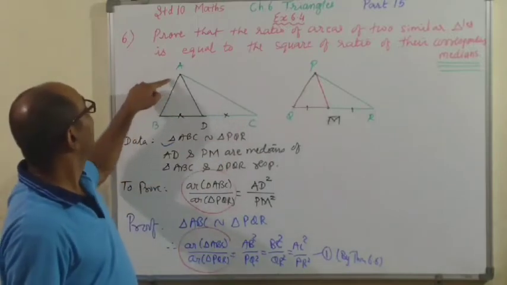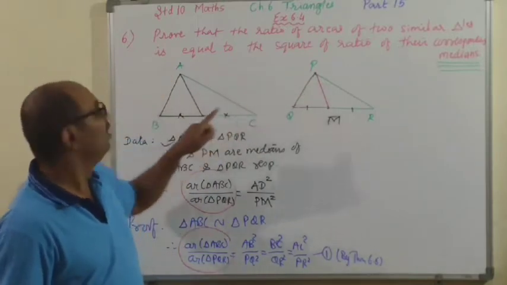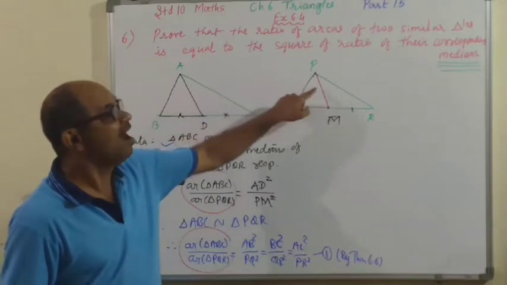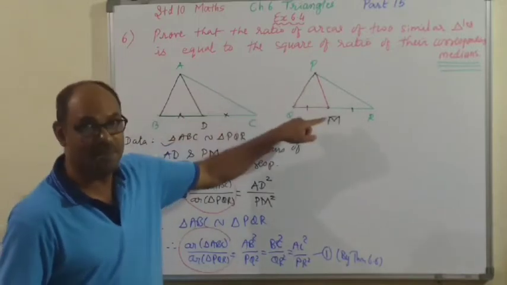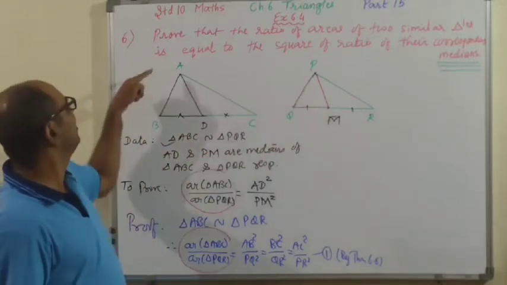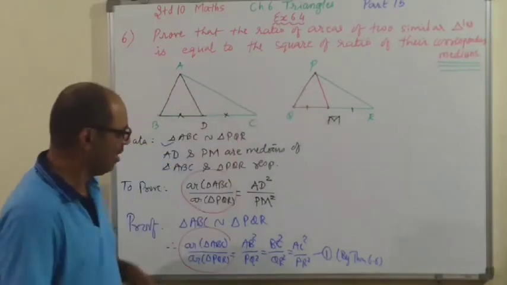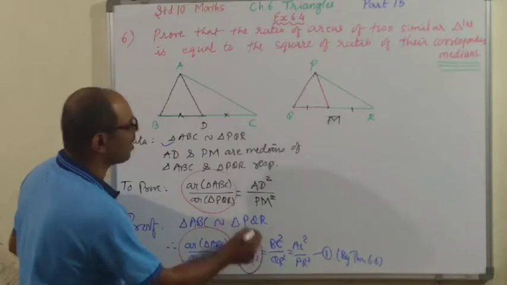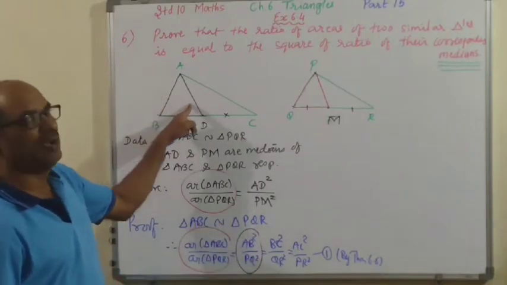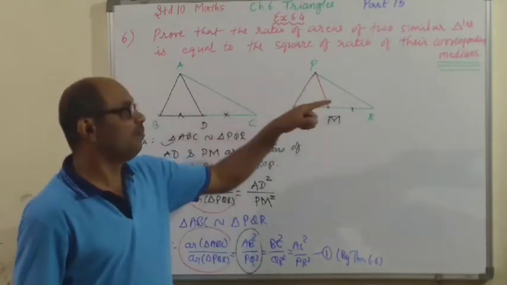So I'll get AB upon PQ is equal to AD upon PM. So squaring both sides, AB square upon PQ square will be AD square upon PM square. And here it is, AB square upon PQ square is equal to AD square upon PM square.